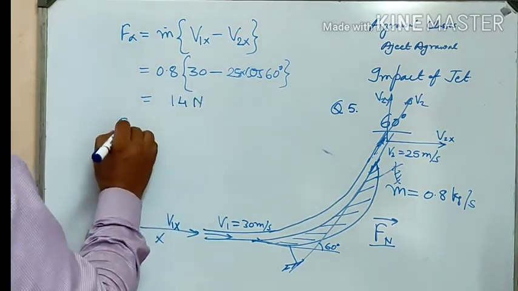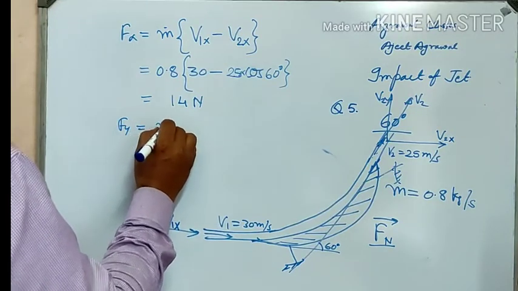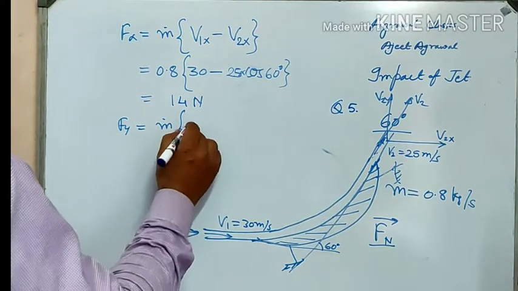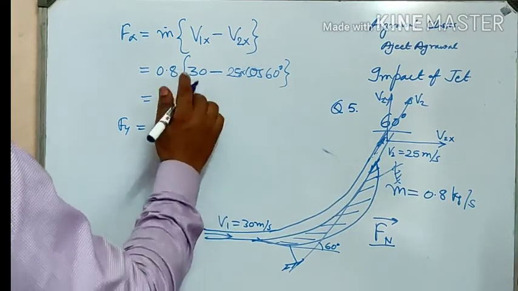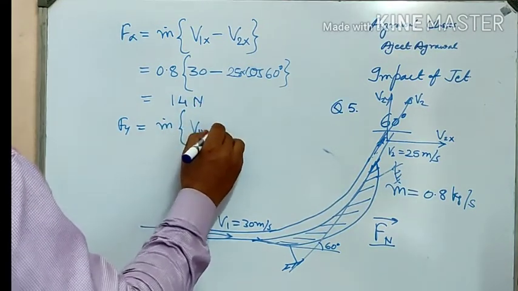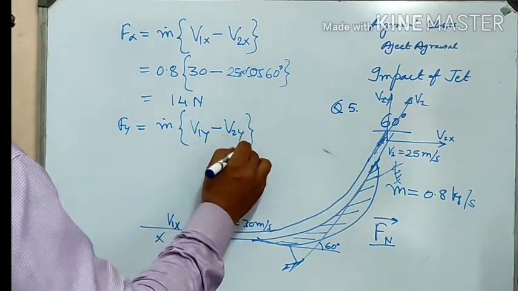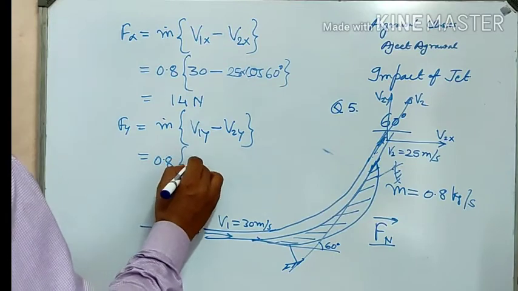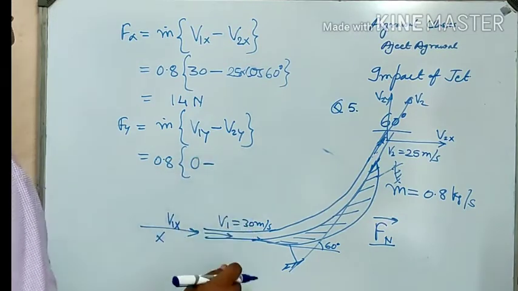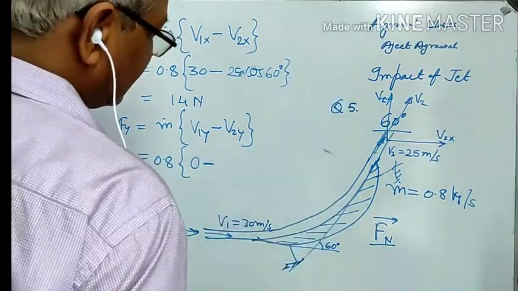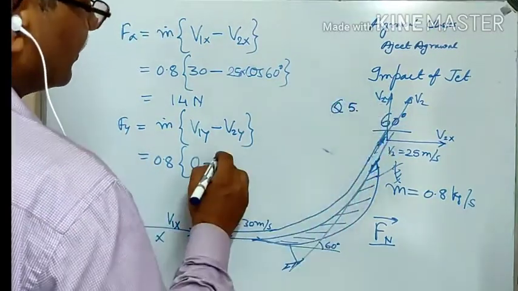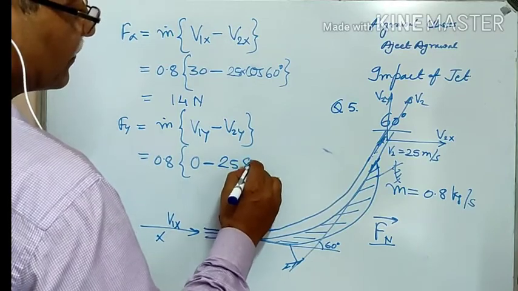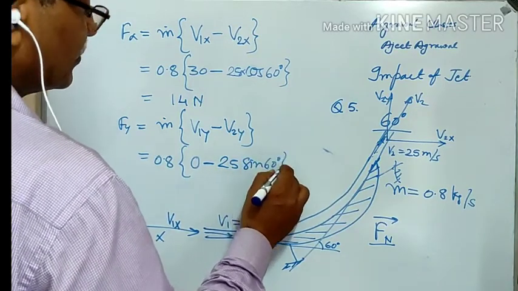And Fy, if we wish to calculate, is mass flow rate multiplied by initial velocity in the y direction, which is 0. First I'll write the formula: V1y minus V2y. So mass flow rate is 0.8 multiplied by initial velocity 0 minus, if I'm considering the upward direction as plus, then the value will be 25 sine of 60 degrees.